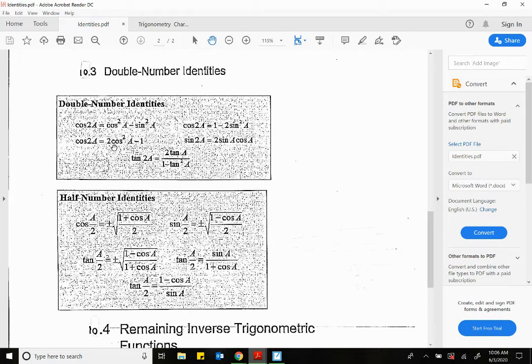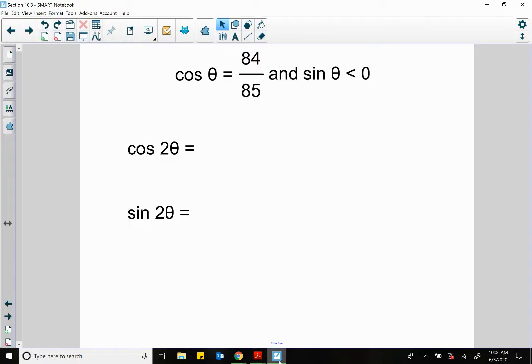But if you look right here, this is why there are 3 different formulas. This one is just about cosine, and all I need to do is take 2 times cosine squared minus 1. So let's use that. We can figure this out real quick using 2 times cosine squared theta minus 1.